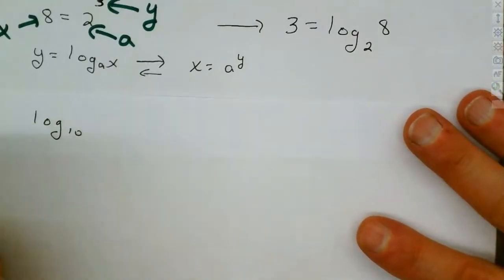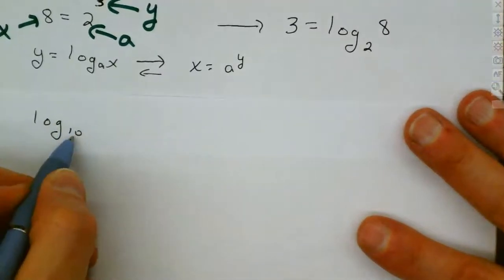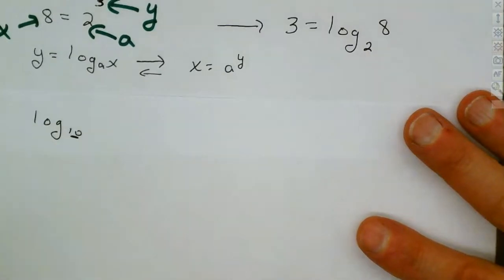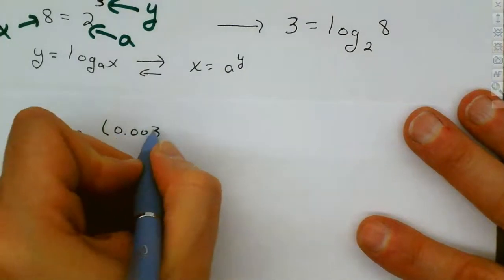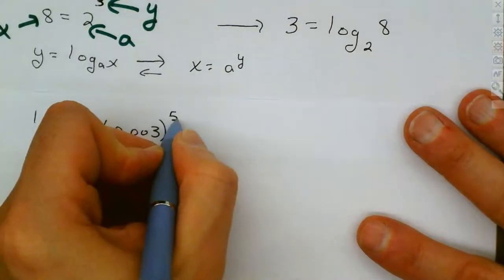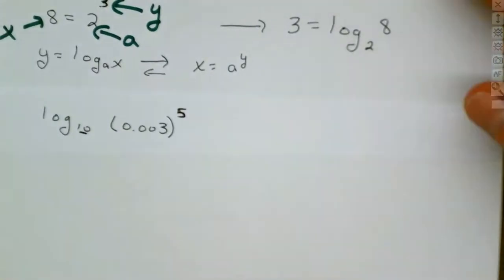A lot of times when we break these up, if it's a different base, it'll have a different number. But if there's no base, it's log base 10. And if it's log base 10, I'm going to show you how to use your calculator here.